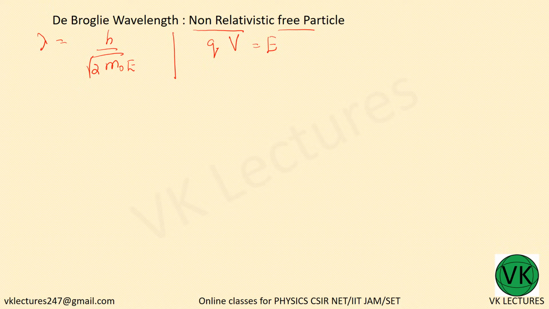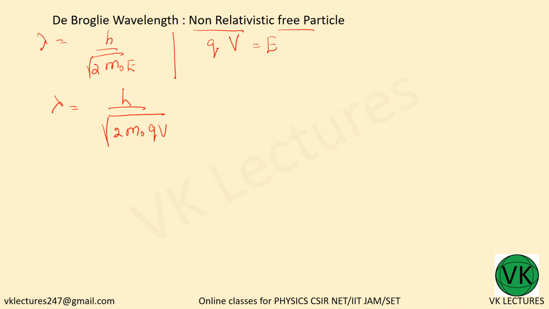The potential times the charge is equal to its electric energy. So for a charged particle, we can write lambda is equal to h divided by under root 2 m naught QV.